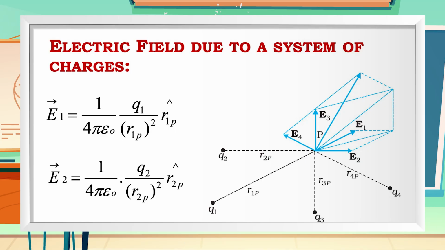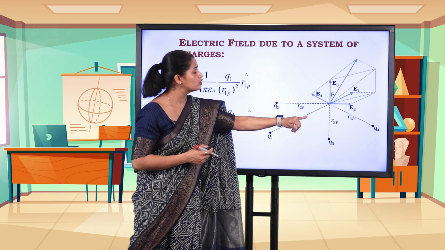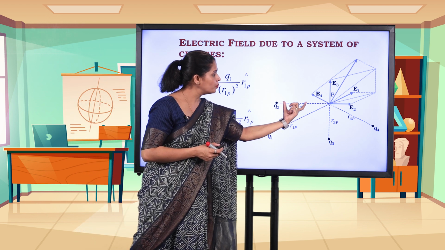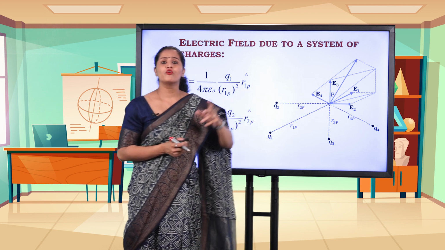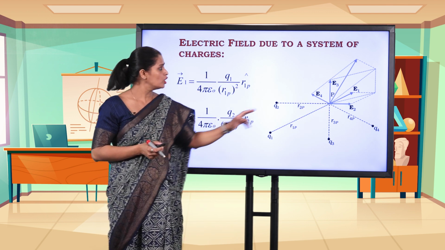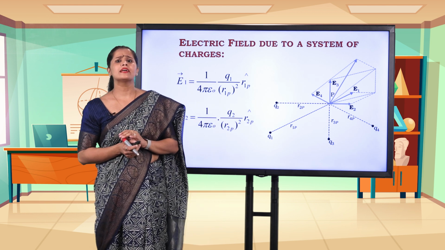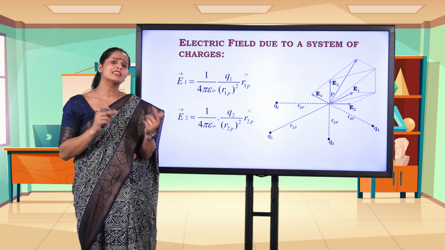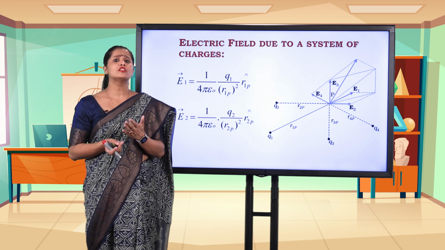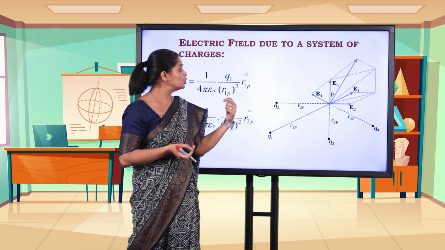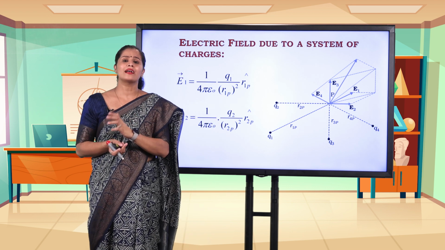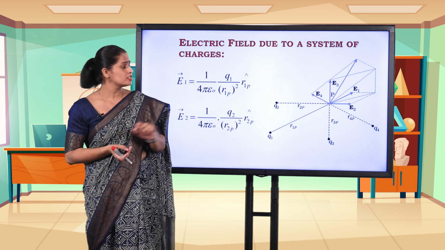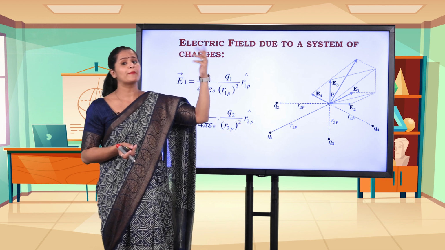Consider a system of charges Q1, Q2, Q3, Q4 up to Qn, with position vectors R1p, R2p, R3p, R4p and so on, relative to some origin O. Like the electric field at a point in space due to a single charge, the electric field at a point in space due to the system of charges is defined to be the force experienced by a unit positive test charge placed at that point, without disturbing the original positions of the charges Q1, Q2, Q3, Q4 up to Qn.